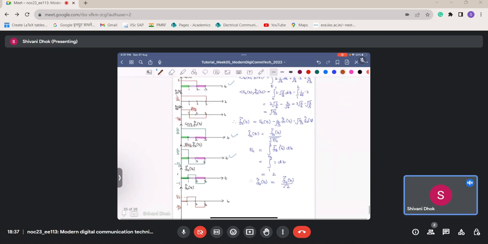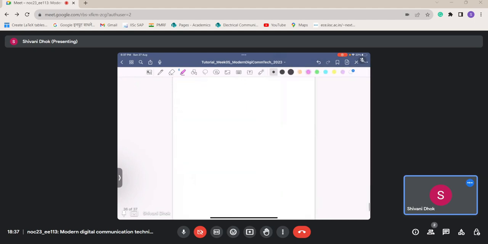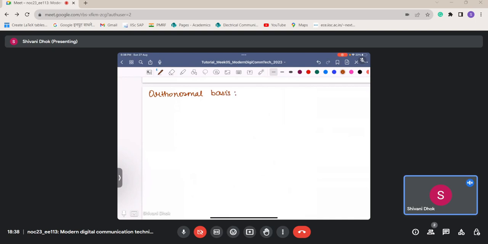So if we observe carefully, let me draw it again just for clarity. So the orthonormal basis that we have obtained are something like this.